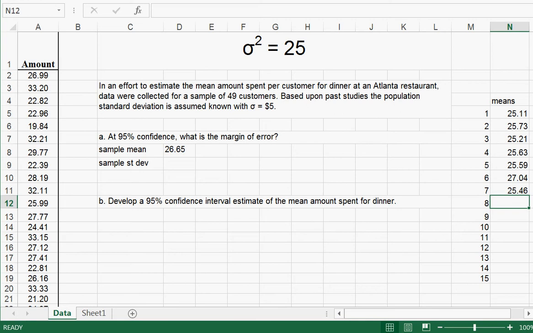Not here. Tyler. Oh, Tyler K. 27.2. Kaysville, right. 27.2. And then Megan, what's your sample mean?